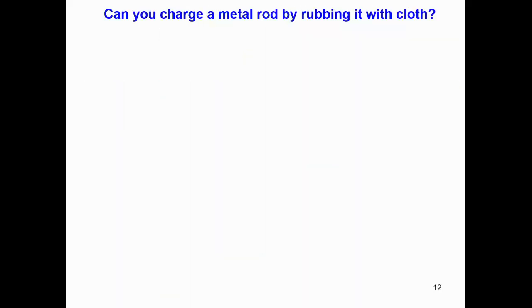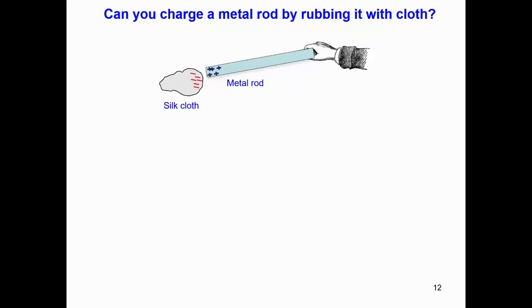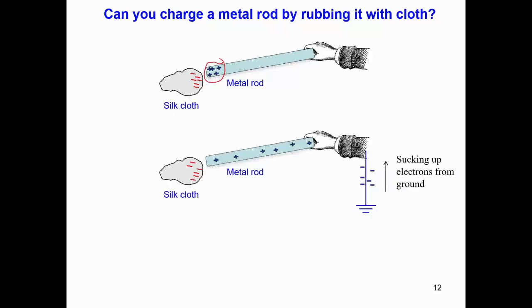Can you charge a metal rod by rubbing it, by static charging, just like a glass rod or plastic rod with cloth? The answer is no, because a metal rod is a good conductor, so even if you develop some charge by rubbing, that charge quickly gets discharged. The charge on the metal rod is quickly discharged through your body, because you're holding the rod with your hand and standing on the ground.